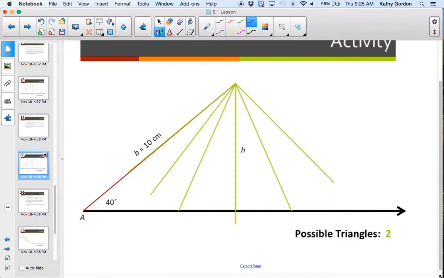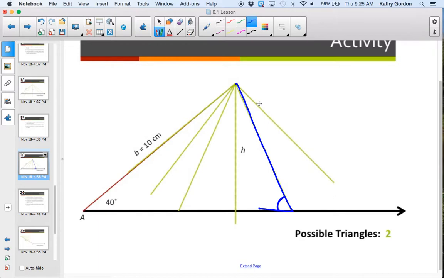So when you get this situation where you end up with that opposite side from your angle A being somewhere between H and B, you're going to have two sets of A, B, C, because there's two different possible triangles that you can solve. In the one triangle, if we're looking at this one, then the angle here is going to be an acute angle.